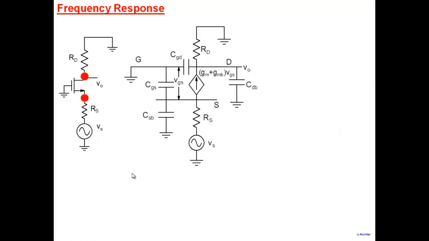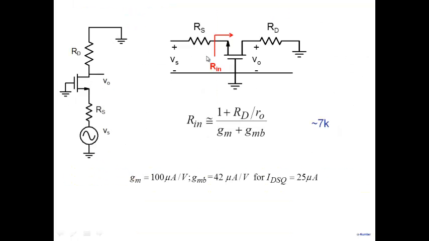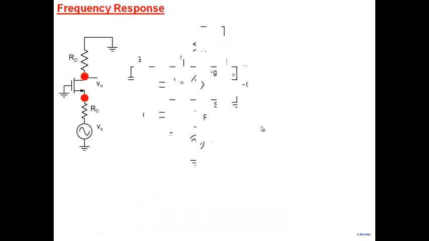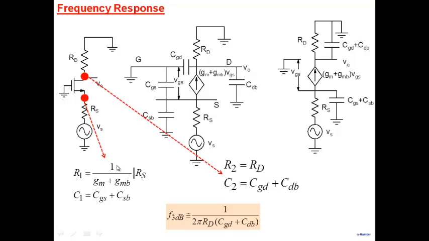This is what we had seen earlier. If you recall, if you look into the source, you see a resistance 1 plus RD by R0 over GM plus GMB. R0 is much larger, so we neglect this. This is practically 1, and so the resistance looking into the source is 1 by GM plus GMB. So that's the result that we have used here. Resistance looking up is 1 by GM plus GMB, resistance looking down is RS. So that's the net resistance here.